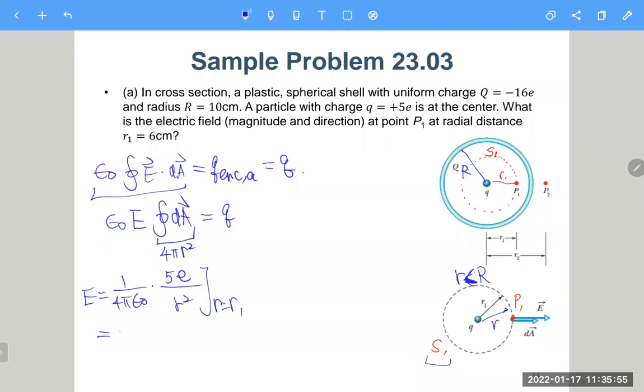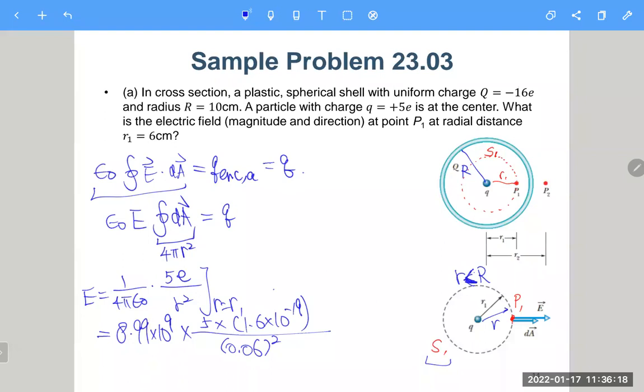We can plug in the values. 1 over 4 pi epsilon naught is 8.99 times 10 to the 9th power, times 5 e, where e is 1.6 times 10 to the minus 19, all over R squared, where R is 6 centimeters, 0.06 squared.